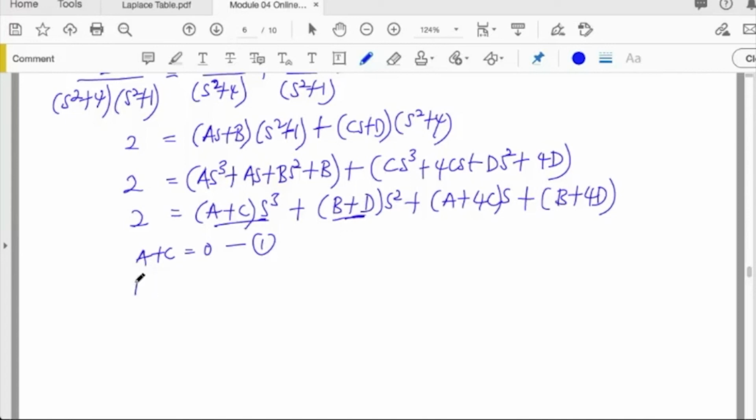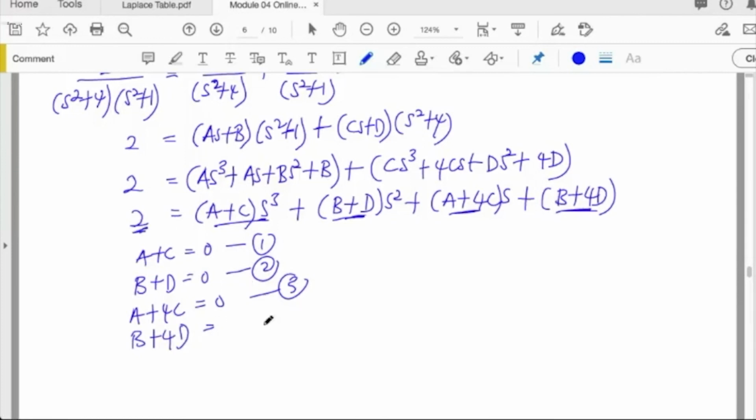So we have b plus d equal to 0. Our third equation is for s. We have a plus 4c equal to 0. And finally, our fourth equation, b plus 4d equal to 2.